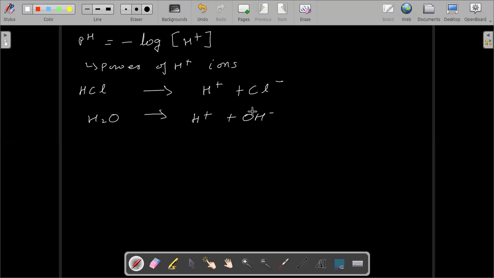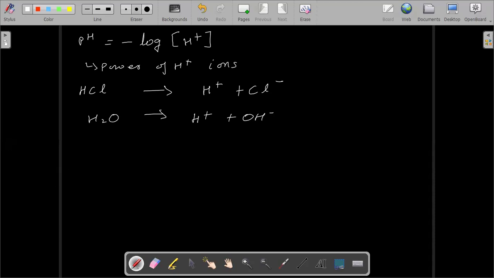So both the hydrogen ions as well as the hydroxide ions are present in the solution. But the concentration of the H plus ions will be higher than the hydroxide ions, and therefore we'll call this HCl an acid.